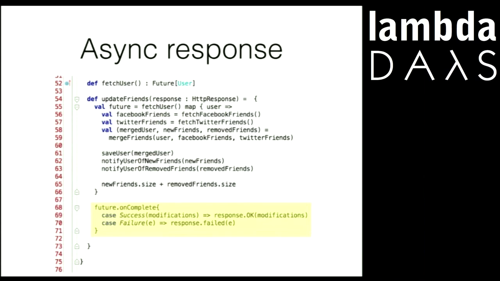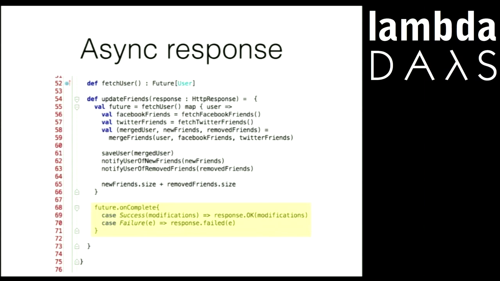That way, our function update friends is no longer blocking. What we do in this function is just spawn a parallel computation, and register an onComplete callback, which is going to write the response when it's ready. That way, the HTTP thread is free to handle other requests. So that's a huge thing.